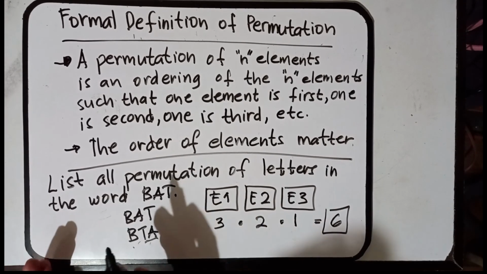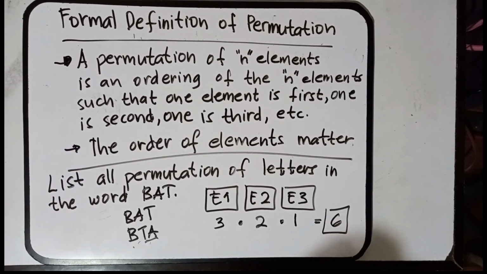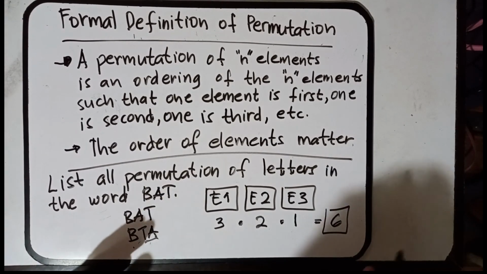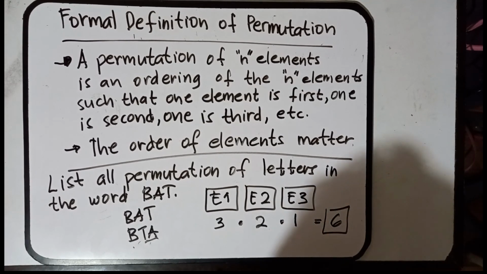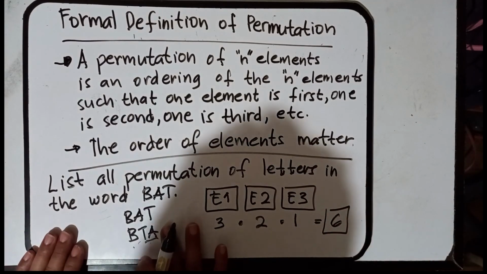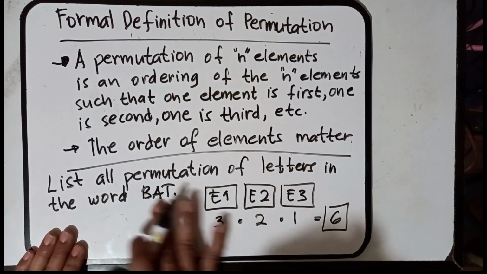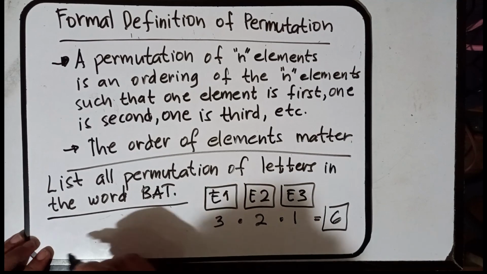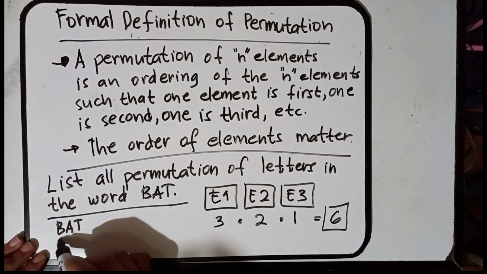We can still do the technique that we used on the first example, and we will arrive at the same result, 6 permutations. So let's try applying the approach that we used on the first example. We will plot all the combinations of the word bat.